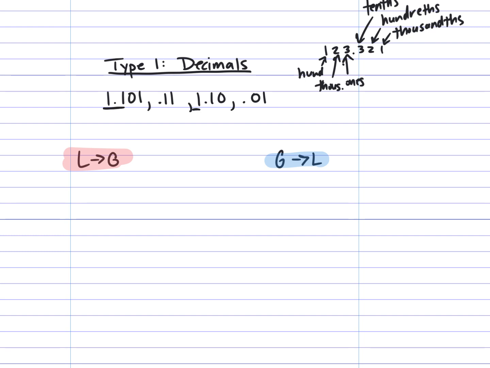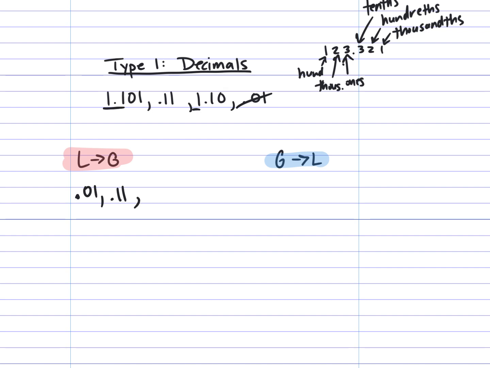I noticed that 0.01 doesn't have anything in the tenths place value, so I know that has got to be the smallest number, and I'm going to mark that out. Now the next smallest number is going to be 0.11. Remember, that one had a 1 in the tenths place, which made it larger than 0.01.